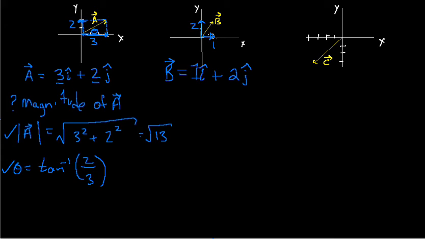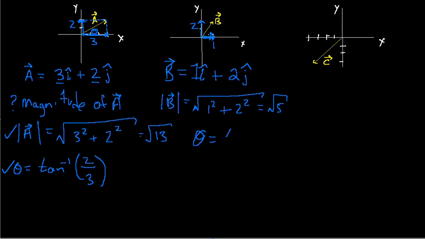And in this case, you're only out one unit, one magnitude. So your unit vector is just, that's all it is. So this is the vector representation for b. It's i plus 2j. If I want to know the magnitude of vector b, it's going to be the square root of the i component squared, which is simply 1 squared, plus the j component squared, which is 2 squared, which in this case will be the square root of 5.